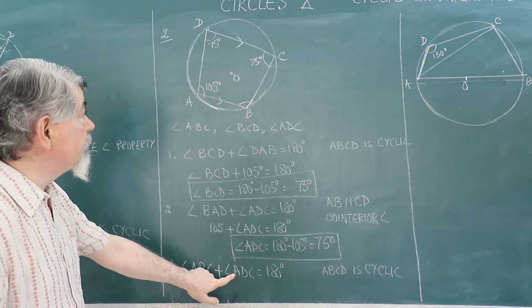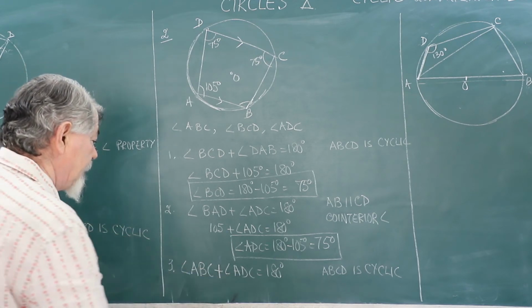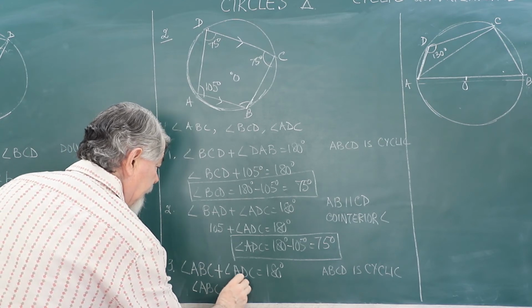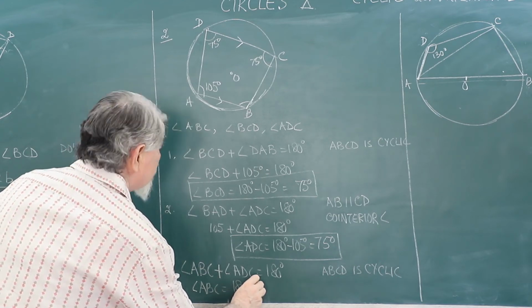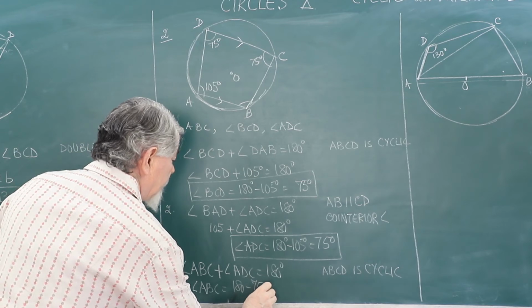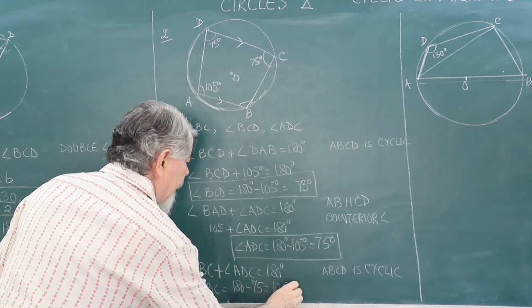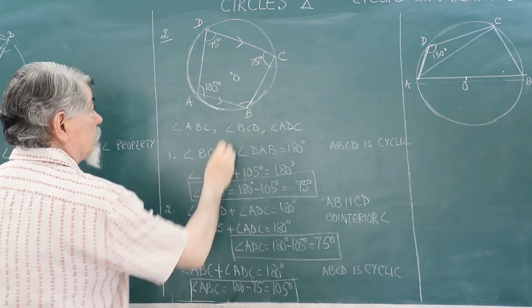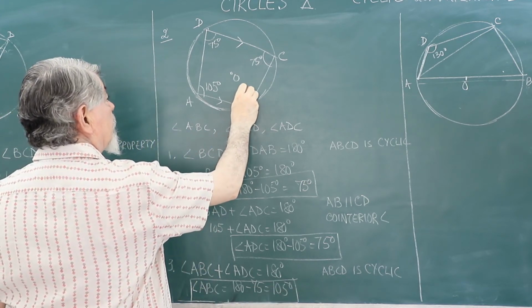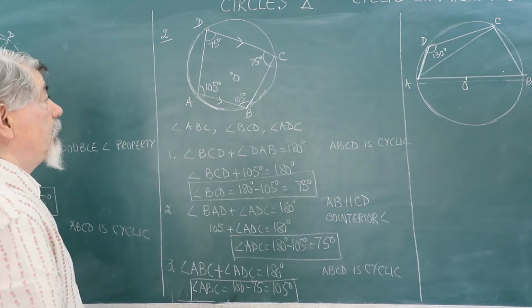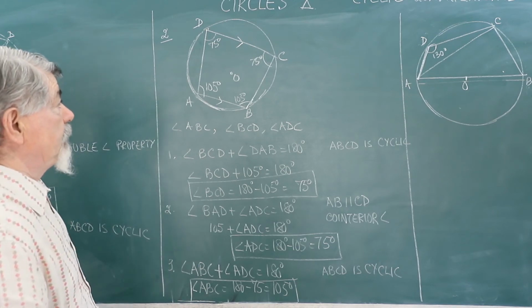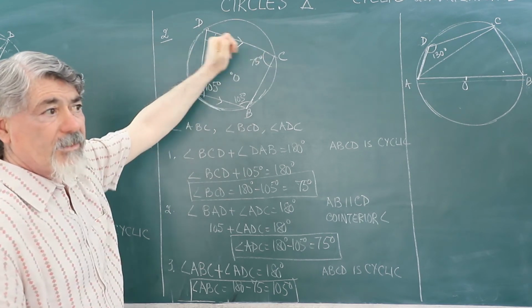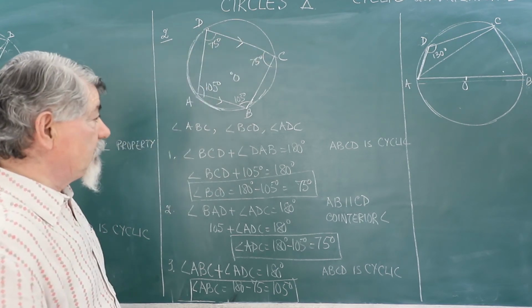So out of this, ADC I know is 75. So angle ABC will be how much? 180 minus 75, that will be 105 degrees. This is 105 degrees. So you can see that we have got all the four angles of the cyclic quadrilateral.